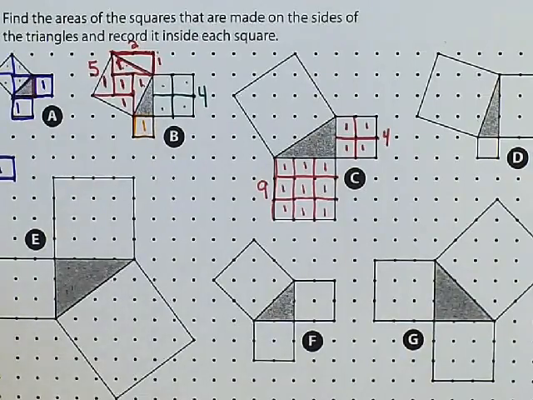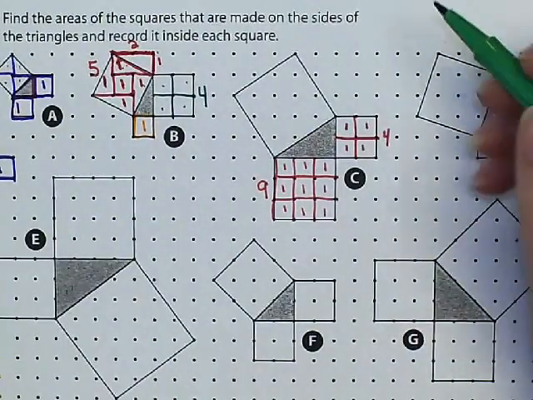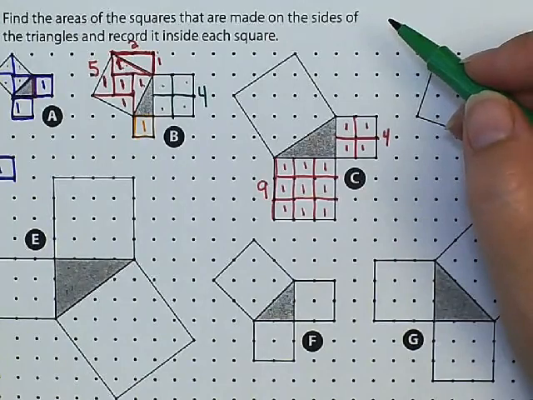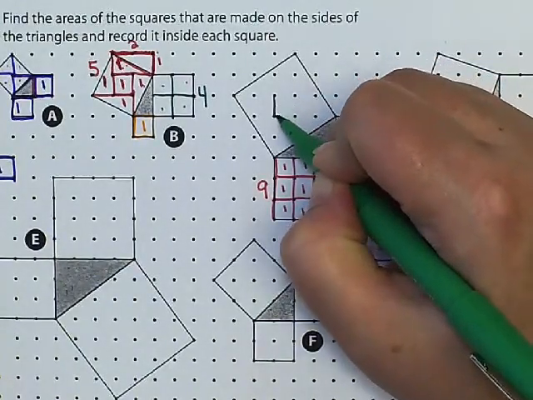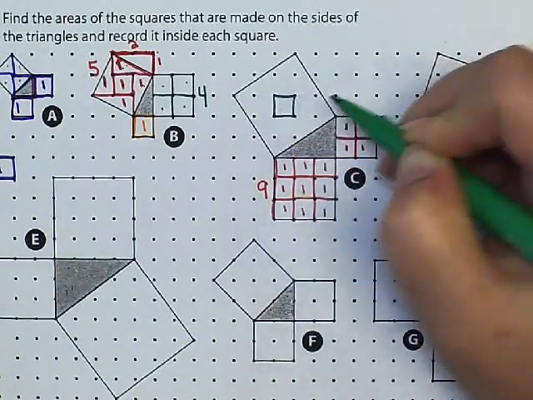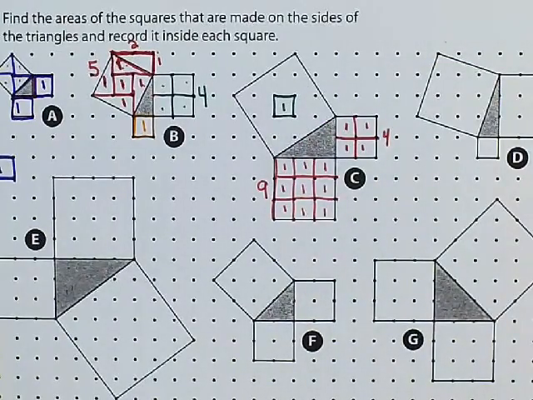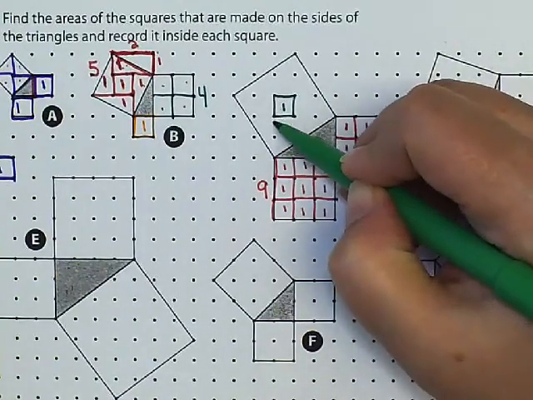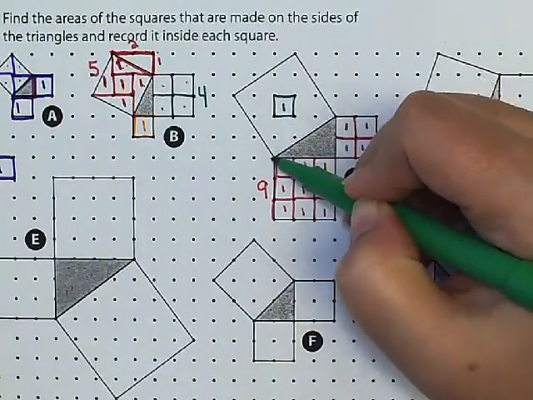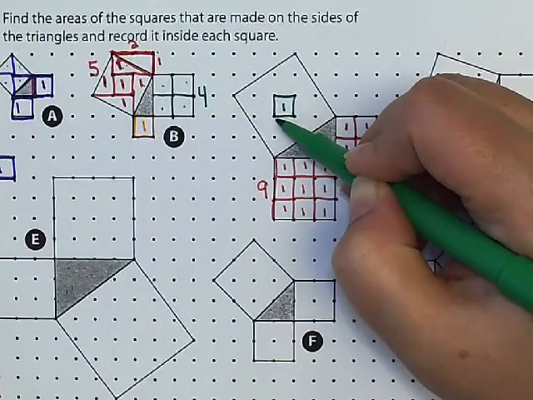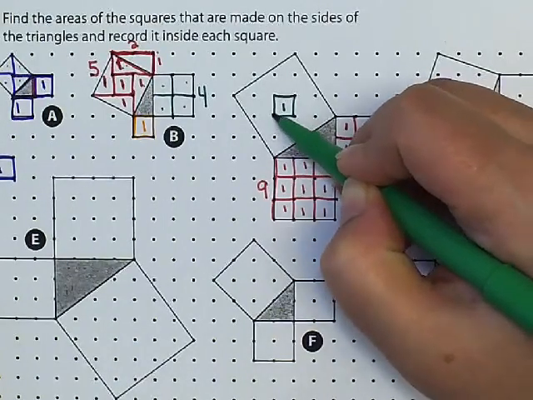Now the next one's going to be a little trickier, so let's see what we got here. Well, I see a box right here. So that's 1. Then I'm going to make my box a little bigger this time, I think. If I go this direction, and go this direction.